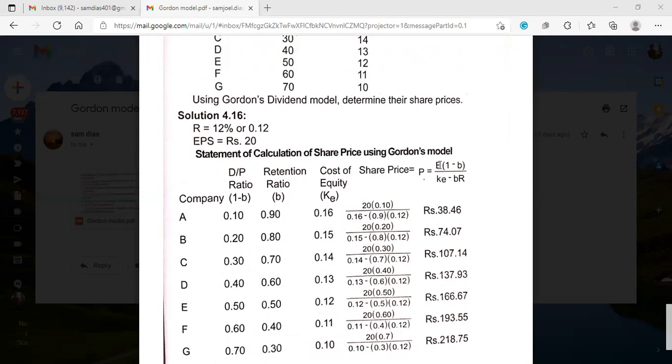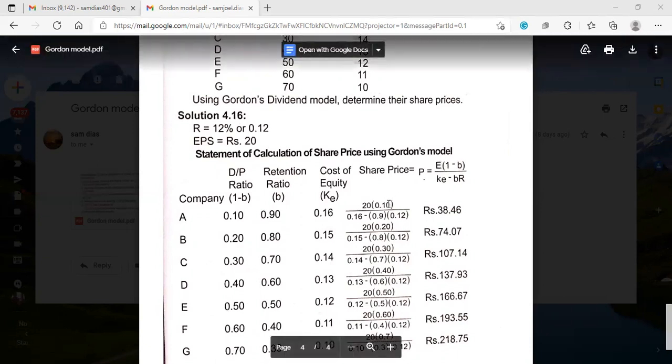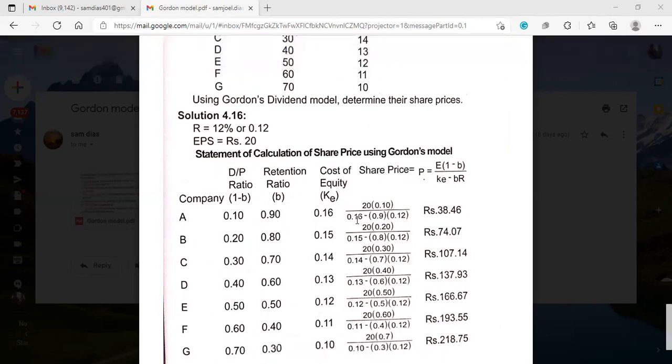Now 20 is the EPS, that is earning per share, and dividend payout ratio is 10, that means 0.10. Cost of equity is 16%, 0.16, and dividend retention ratio is 90%, 0.9, and rate of return is 12%. It is common for all the companies, so 0.12. And if we do all the calculations, we'll be getting rupees 38.46 as the market price.